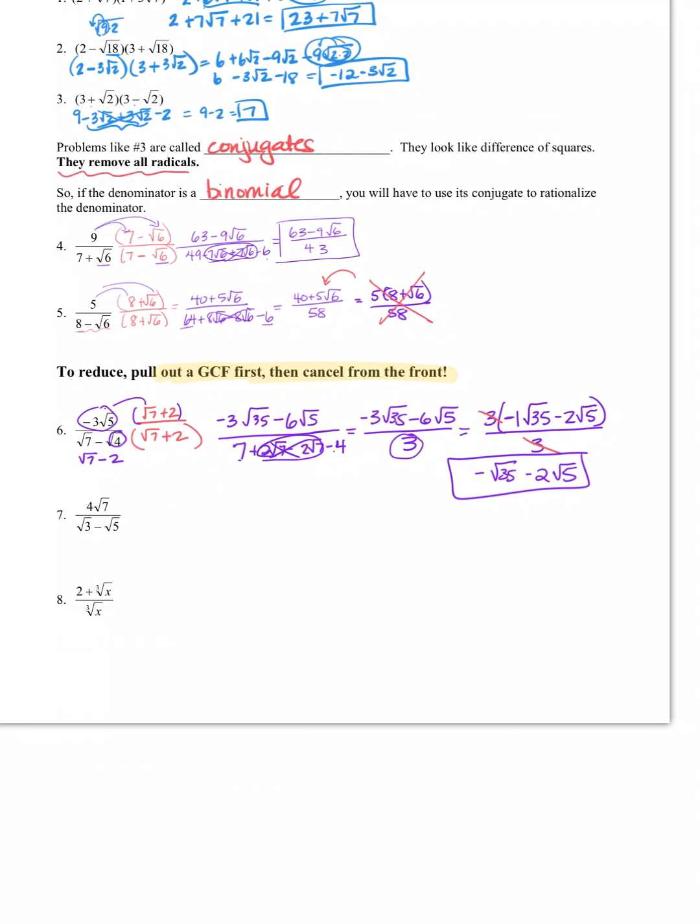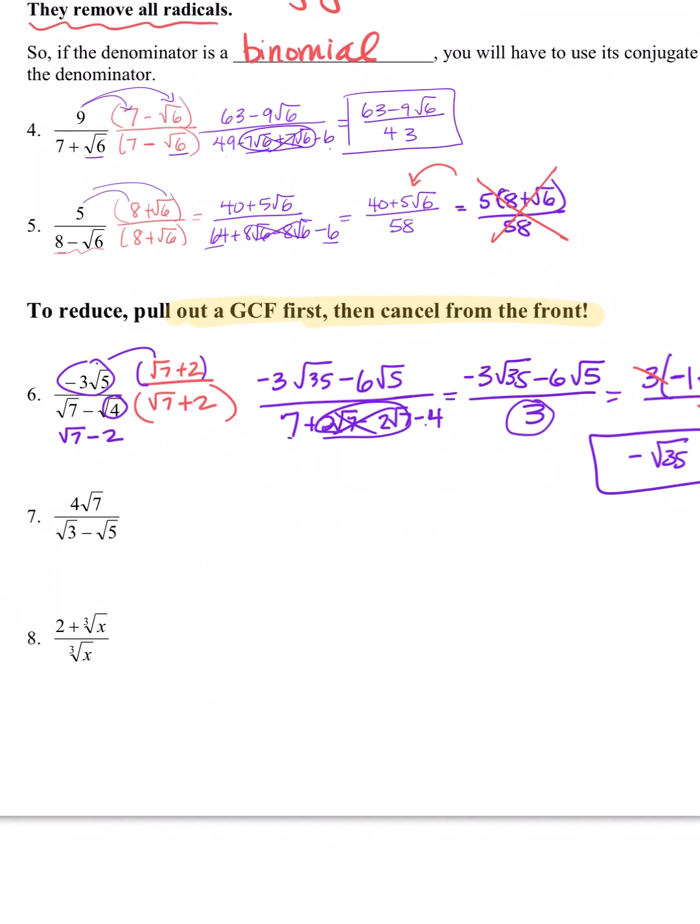Let's look at number 4. So I look first, is everything simplified in the denominator? Yes, it is. So I can just directly go to my conjugate. So I get square root of 3 plus the square root of 5. And I start distributing on the top. So I will have 4 square roots of 21 plus 4 square roots of 35.